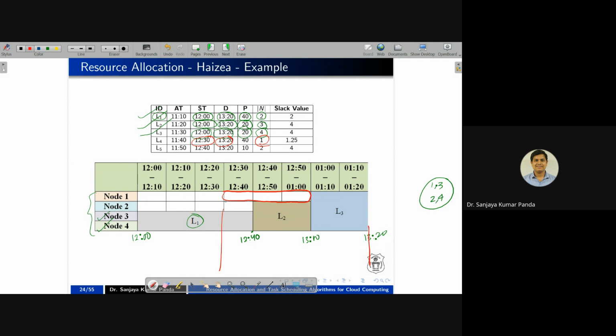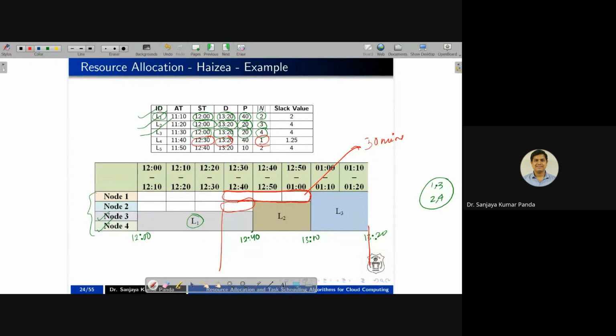But what is the duration? 12:30 to 1 means it is a 30-minute slot, but we need a 40-minute slot. Although 10 minutes is available here, I cannot overlap with these two, and after this period L3 is already occupied. So it is not possible to assign L4 to the system.